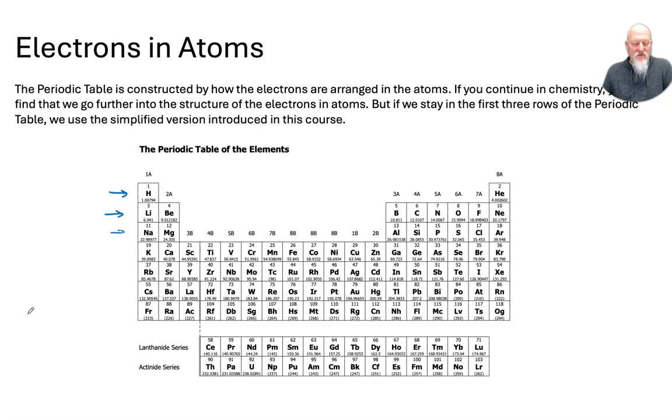In the n equals 3 level, we're going to have that whole row, and then some other ones, but we're not going to worry about those. For this class, we're only going to worry about the first 3 rows. If you go on in chemistry, we'll go farther, but we've taken a pretty simplified view, and to go to those other ones, we need a less simplified view.